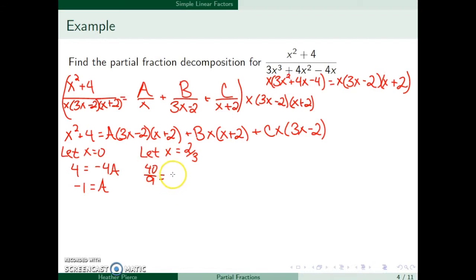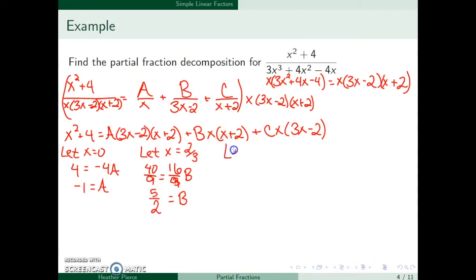So we have b times 2/3 times 2/3 plus 2. And once we work that out, we get 16 over 9 b. Multiplying both sides gives us that b is 5 over 2.